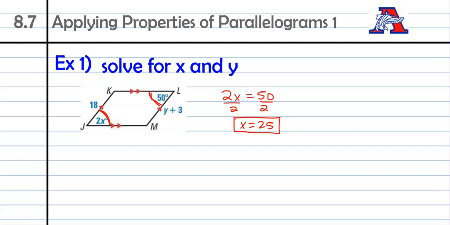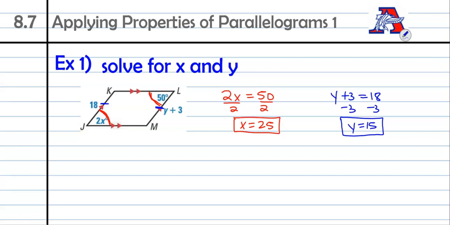And then if we go and find where y is, it looks like y is on the right-hand side, and that side is congruent to 18 on the left-hand side. So that one's also not so bad. y plus 3 has to be equal to 18. So y is equal to 15.